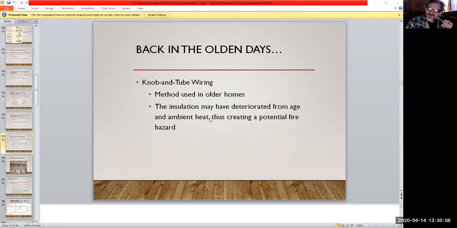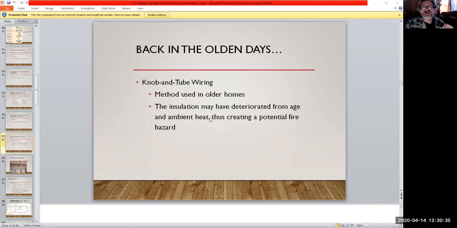If you look back at the old pictures, they didn't have a whole lot of anything like junction boxes. So they would have these ceramic posts that would be shared, and then out on the end of this stuff, it would literally be stripped and exposed. So up in your crawl spaces, in your basements or whatnot, you would have this exposed wiring running around, and it was crazy.